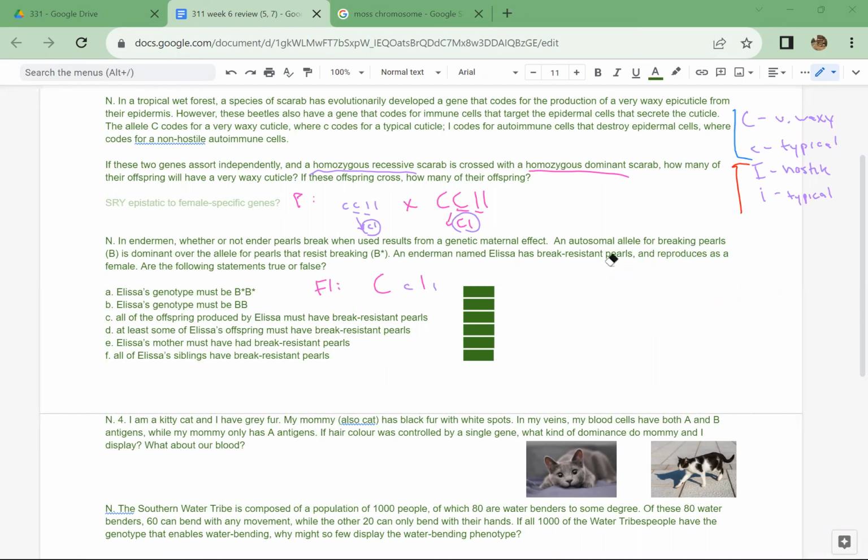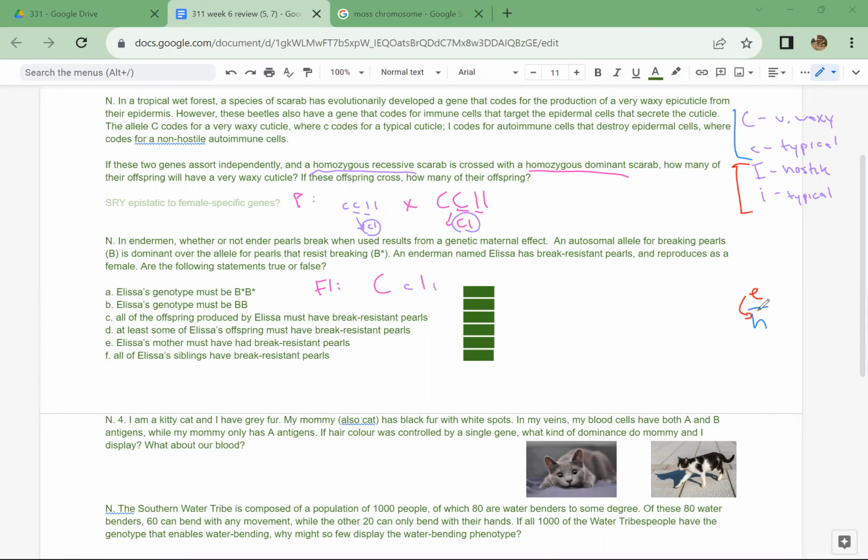Knowing that if we have at least one dominant allele at this autoimmune locus, controlling whatever happens at this cuticle locus, we can say that the autoimmune gene is epistatic to the cuticle gene. So the cuticle gene is the hypostatic, and the autoimmune gene is the epistatic, sitting on top.